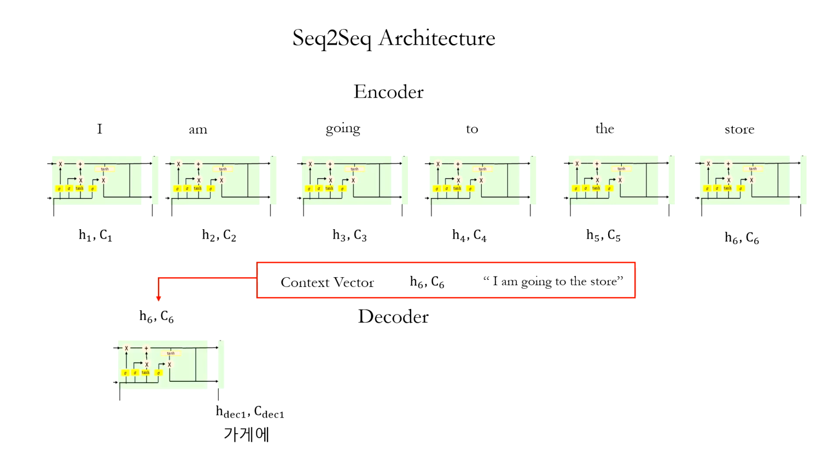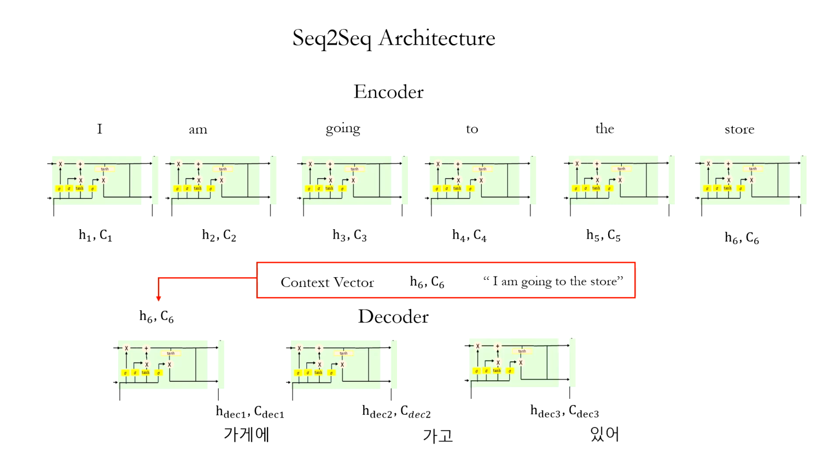Then we're going to plug that into the decoder LSTMs. To pronounce the Korean, it's ga-ge-e, and then it's ga-go i-sseo. Okay, so "I'm going to the store" basically in Korean. And then we got HDEC4, CDEC4, and then the end token.